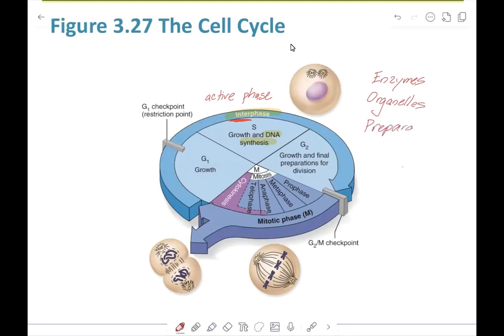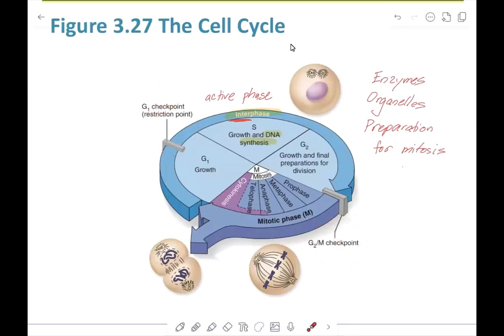So if the proper preparation for mitosis does not occur, then the cell will destroy itself, which is a really important thing to prevent something like cancer from occurring. So what you see here are these important checkpoints. We have a G1 checkpoint, a G2M checkpoint.